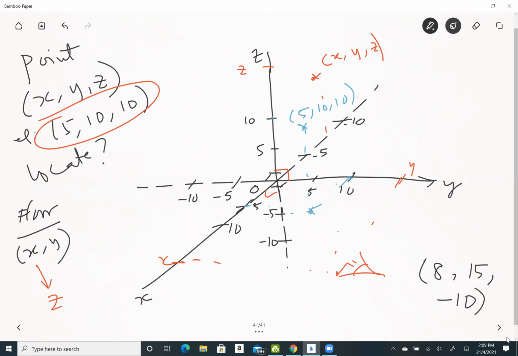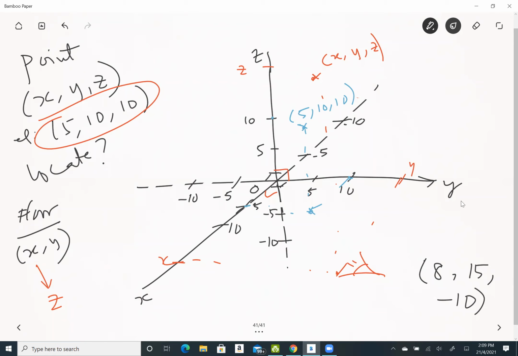Muhammad Dafa, where is the location of that point? First, you get the XY, and then match the corresponding Z. Nisa, where is the point? Not yet, sir. Still counting. Anybody who got it?